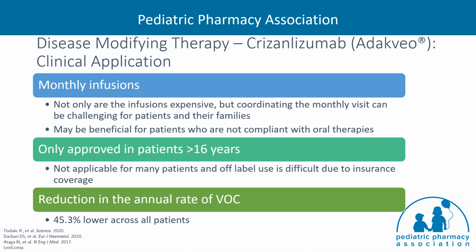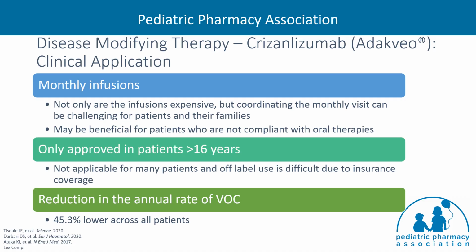However, if the patient's really non-compliant with their oral therapy, having them come to clinic for a monthly infusion could be beneficial overall. It is currently only approved in patients over the age of 16, so a lot of our pediatric patients are not going to be eligible, and using it off-label in a younger patient can be challenging due to issues with insurance coverage.